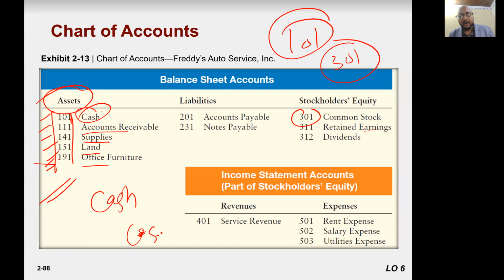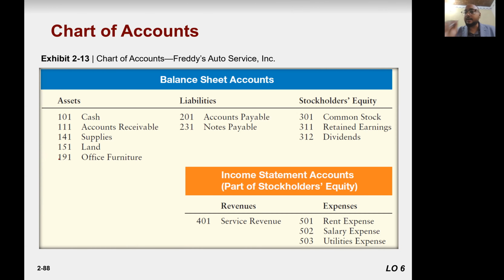You cannot create an account on your own. Any entry that occurred must affect these accounts. There is no tax account here, right? It means you cannot add a tax account here. Anything that has happened, you just add it to expense. Either it will be a salary expense, utility expense, or rent expense, but there is no tax expense here.